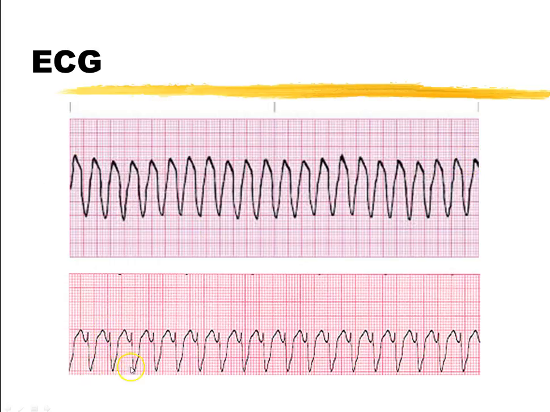Let's do this one. 1, 2, 3, 4, 5, 6, 7, 8, 9, 10, 18, so 180. Slightly slower, but still a wide pattern that looks funny. Those are the key characteristics of ventricular tachycardia: a wide QRS pattern, a rate greater than 100. It doesn't look normal. They usually look bad. They can't go like this for very long.